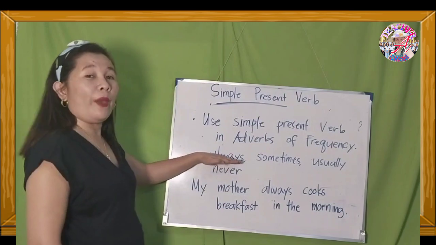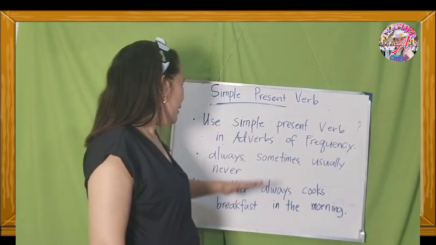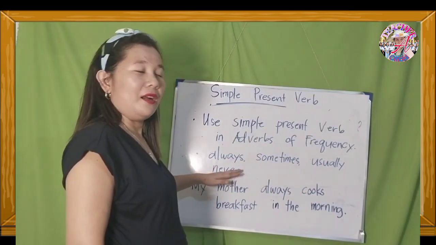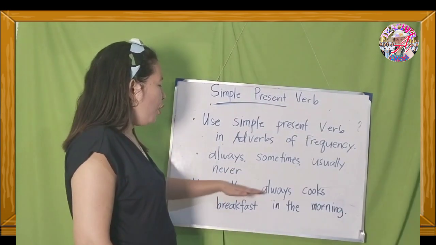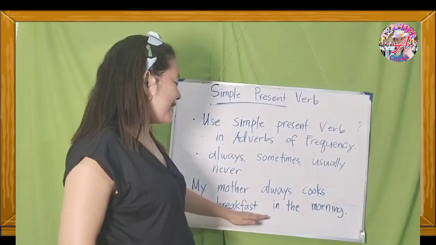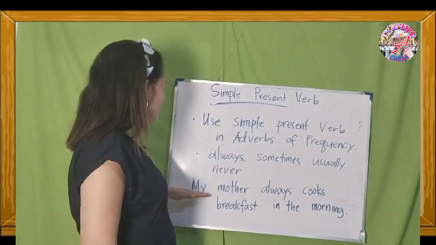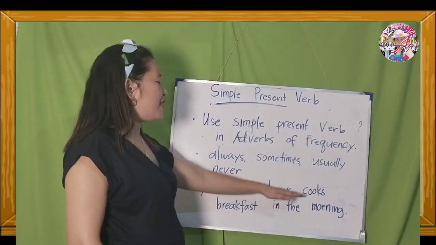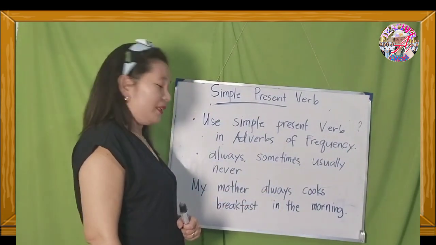So we have always, sometimes, usually, never. For example, my mother always cooks breakfast in the morning. Again, my mother always cooks breakfast in the morning.